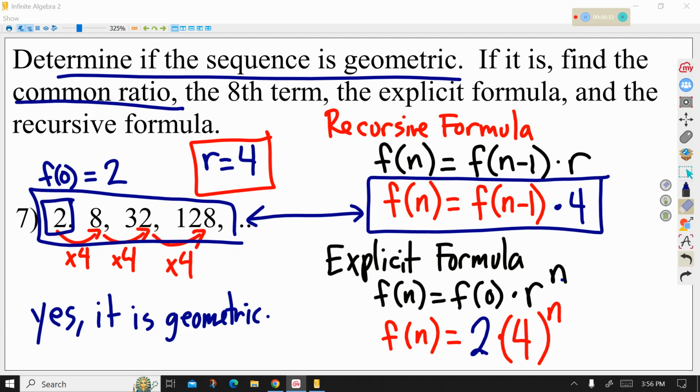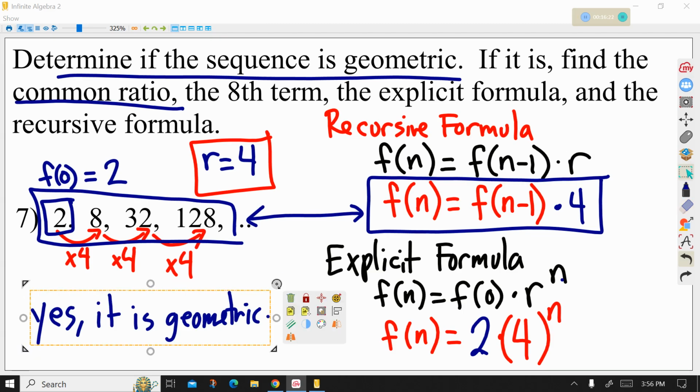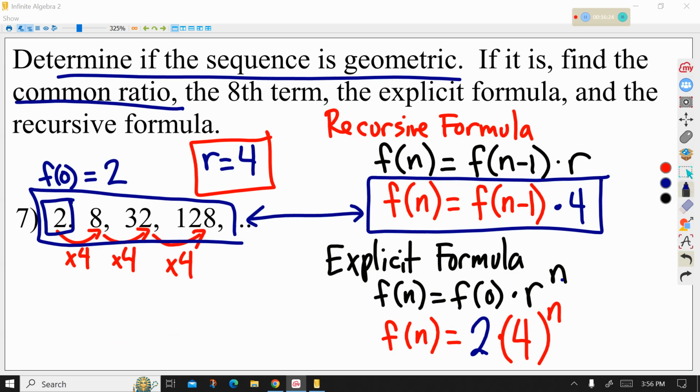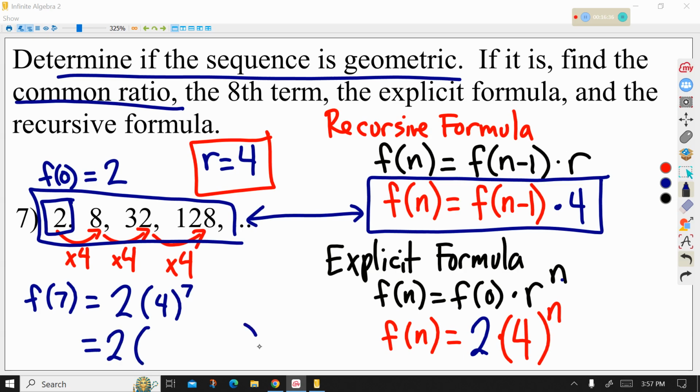Okay, the next thing that we're going to do is find our 8th term. So that will be finding f of 7. So we can maybe just calculate that over here on the side. So if I want to calculate f of 7, okay, then that means I'm going to do 2 times 4 to the 7th. Okay, so again, that just means 2. And then I have to actually calculate 4 to the 7th.